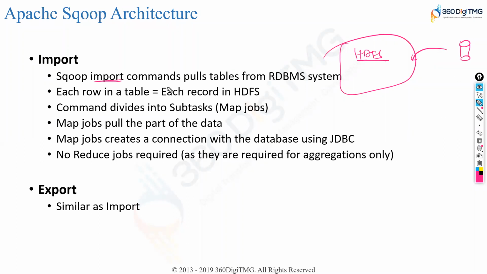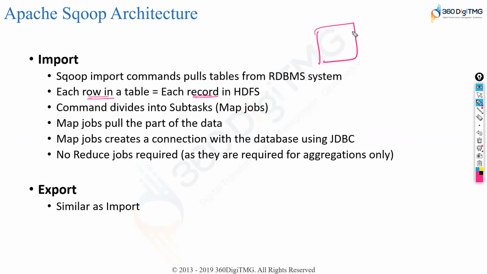So import basically means pulling tables from the RDBMS system to Hadoop. That is import. Export means from here to there. Each row of a table that we are trying to pull is equivalent to one record in HDFS. If I have a table with one row, this one row is considered as one record in your file in HDFS.